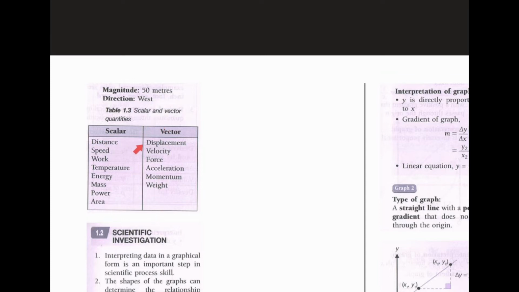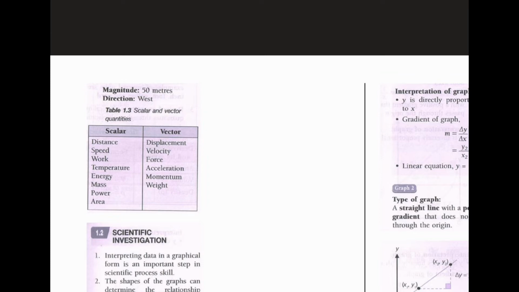So for example, distance, the displacement is the vector quantity, which is very close to distance. Speed, how fast the thing move without direction, but velocity is how fast the thing move with directions. So related. Okay, force, acceleration, momentum, weight. So these are vector quantities. Okay, so which means it has directions.